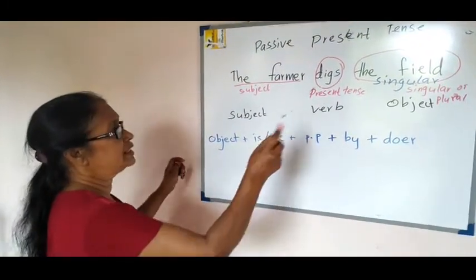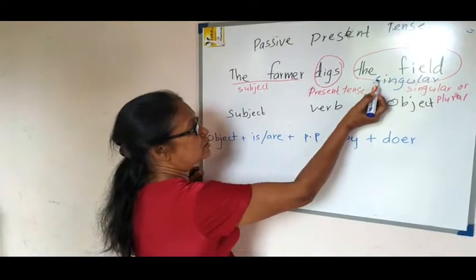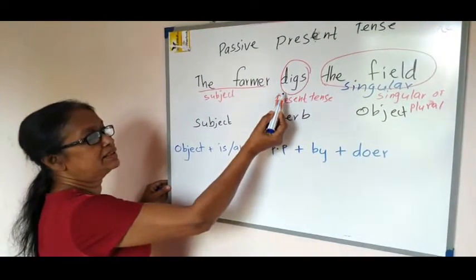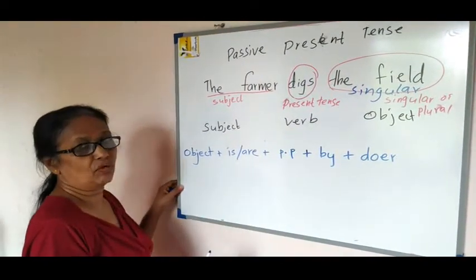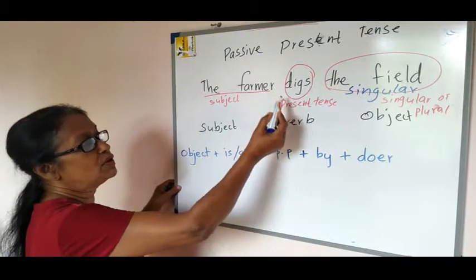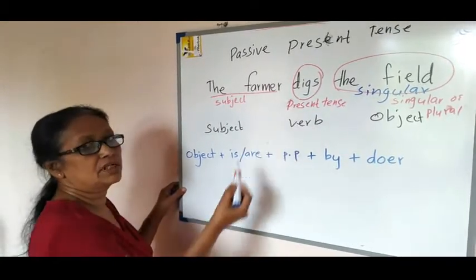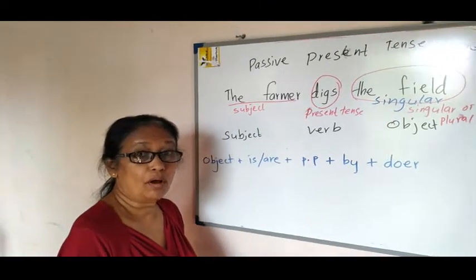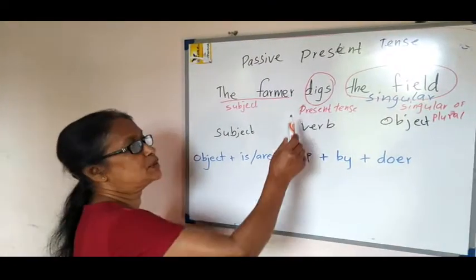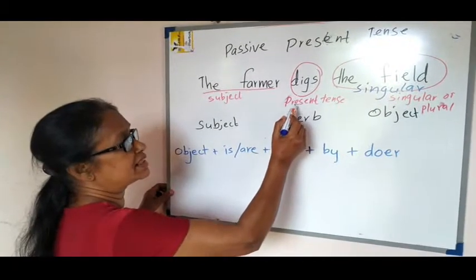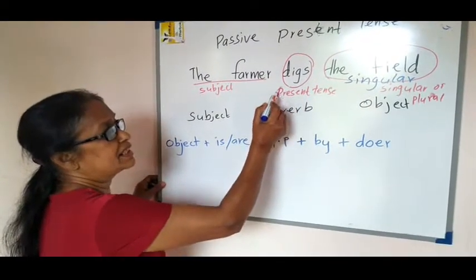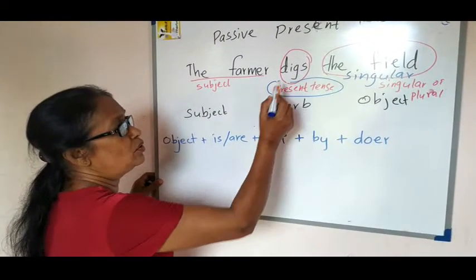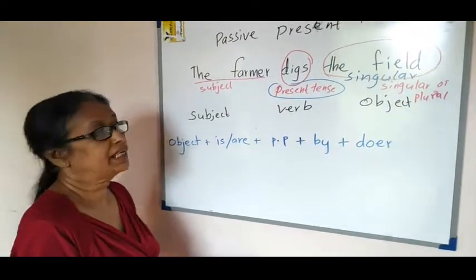Now you write the object. Then look at the tense. Before writing, you have to see the tense of the verb, whether it is present, past or future. This is present tense. You write it here, present tense. So easy to build up the sentence.